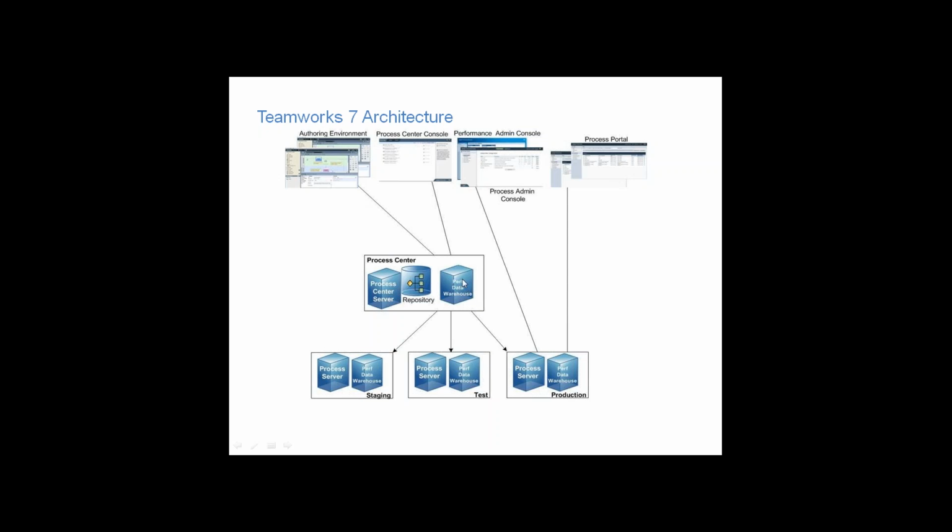When your process center server is executing something, your BPDs or services or whatever it may be, the performance data warehouse parallelly will track the data and generate the reports. That is the purpose of performance data warehouse.